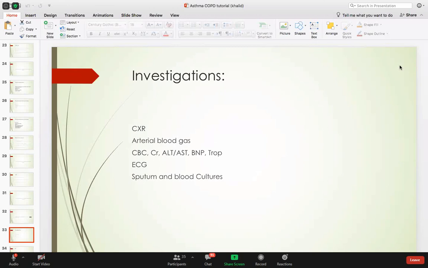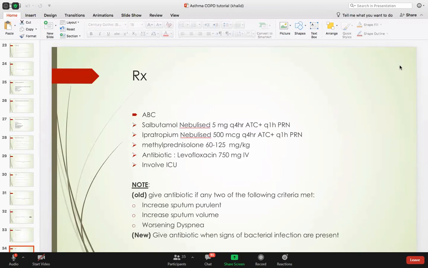As well as IV steroid given his COPD history. So ABC, salbutamol nebulization, ipratropium nebulization, methylpred through IV, antibiotic, levofloxacin. And why are we giving him levofloxacin?